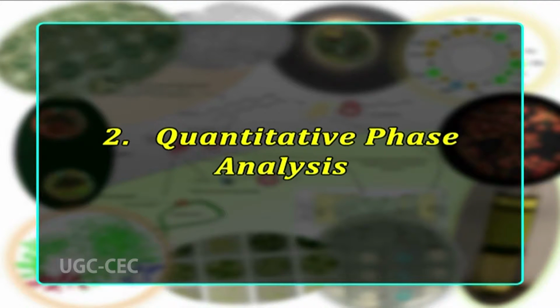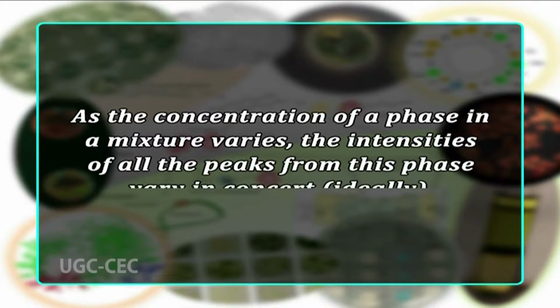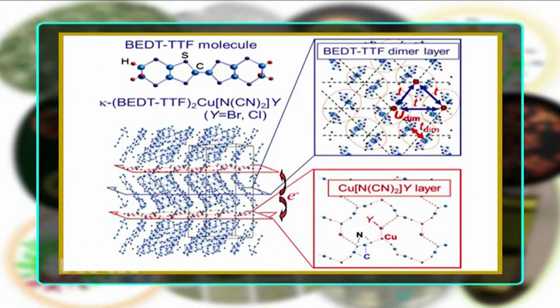Quantitative phase analysis is also done by XRD. As the concentration of the phase in a mixture varies, the intensities of all the peaks from this phase vary in concert, ideally. Thus, the concentrations of the phases in a mixture can be determined by measuring the intensities of peaks in the powder pattern.